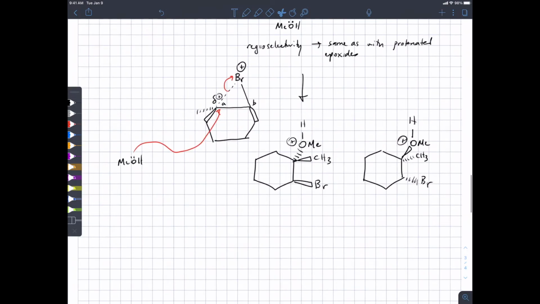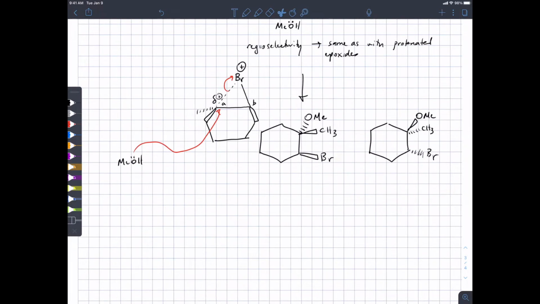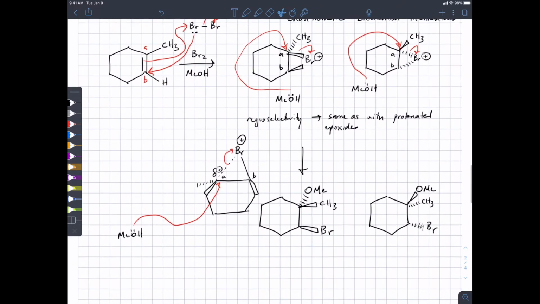And then in a second step, which I won't show you, additional methanol can remove the proton from the oxygen to give us the new ether product. Okay, so the regioselectivity here is that the methanol attacks the more substituted carbon of the bromonium ion. The stereoselectivity issue is the fact that the nucleophile and the Br end up on opposite sides of the original double bond.